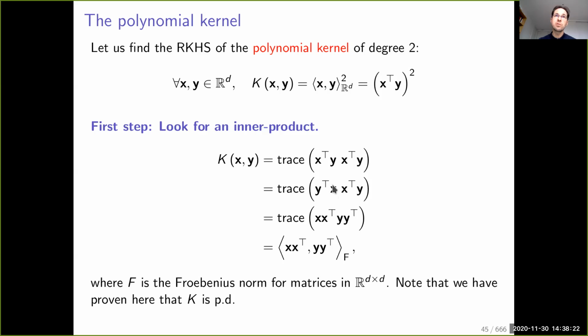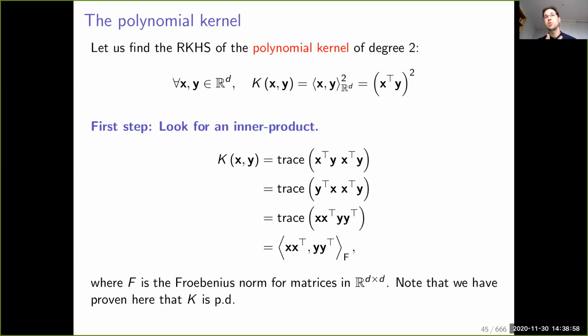What we first do is that for our first inner product x transpose y, we use the symmetry and write it as y transpose x, the scalar, times x transpose y. And here we use a property of the trace, which is that if the dimensions allow you to do that, the trace of A times B, where A and B are two matrices, is equal to the trace of B times A. So if you are not convinced by that, really just write the definition of the trace.